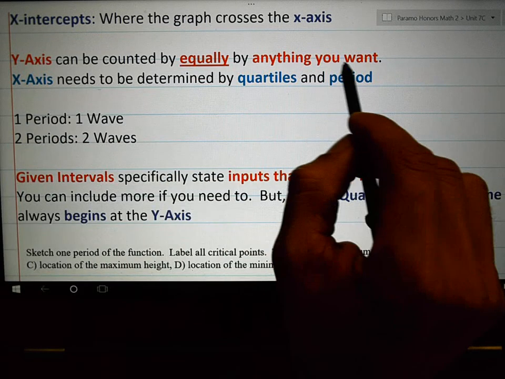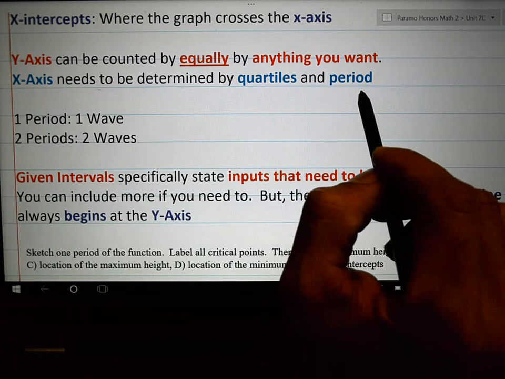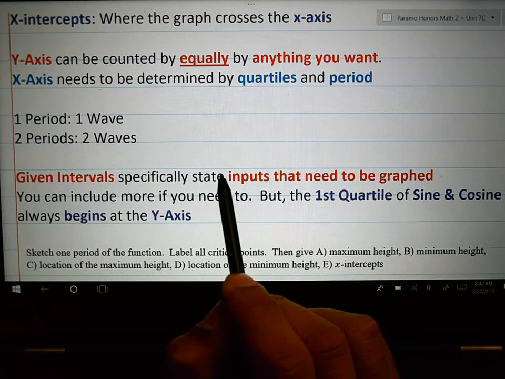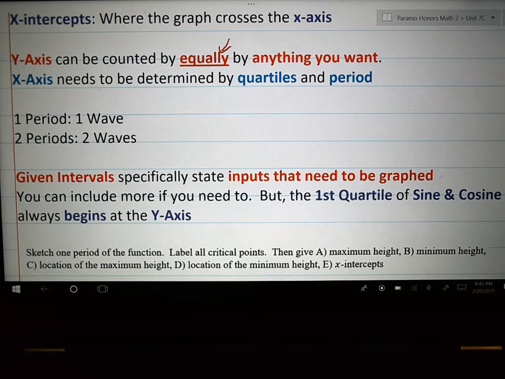As long as you go up 0.5 and down negative 0.5, you are just fine doing that. They just need to be equal. That's why that's underlined. If you go up by 4 units, then you go down by 4 units. Don't make those unequal, by the way.